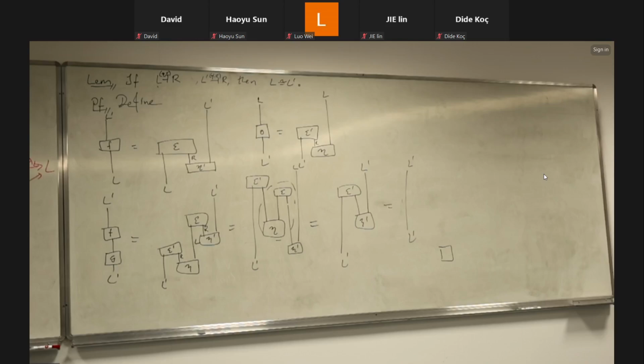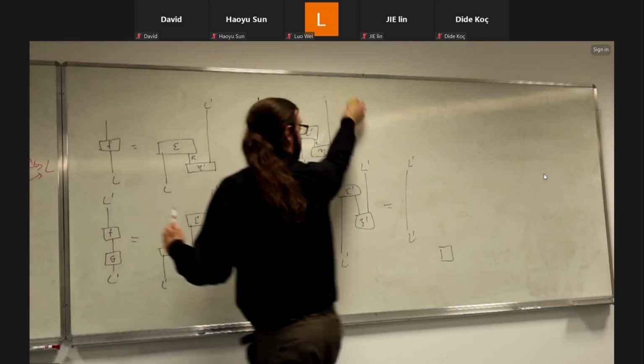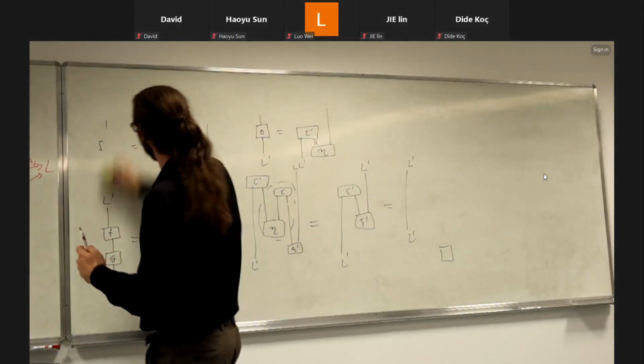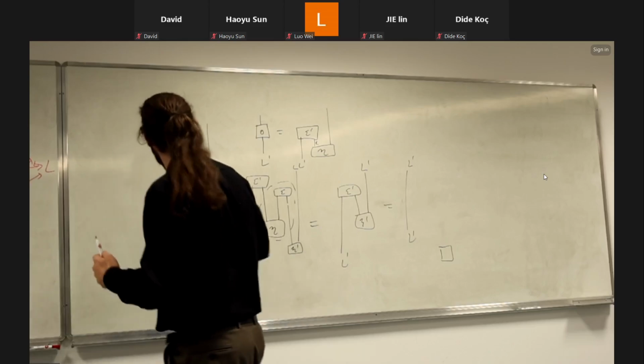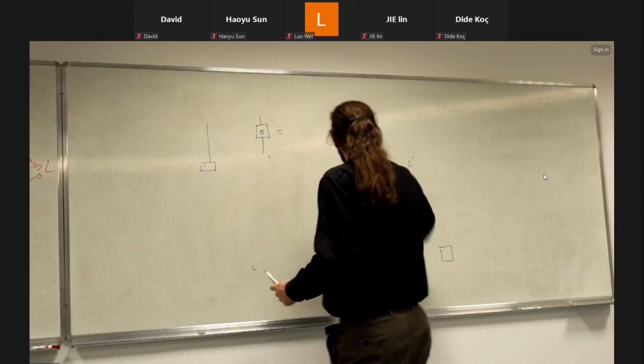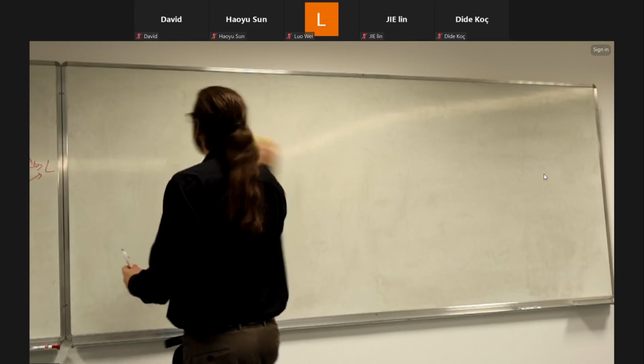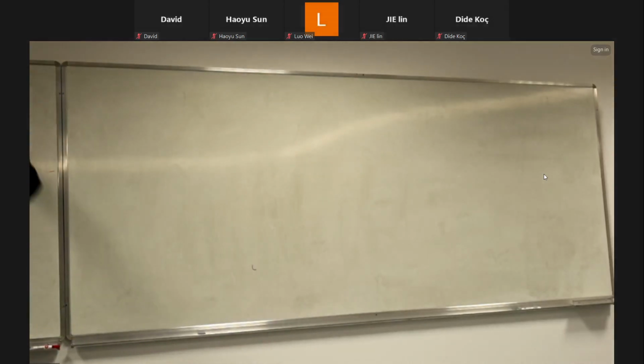Does this work? Does the symmetry preserve duality? Well, once again, I guess I need to start on this board again. So, once again, the pictorial argument makes a lot more sense than the symbolic one. So let's try and put that into practice.